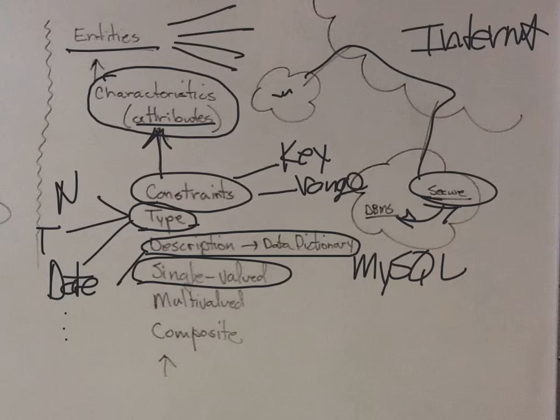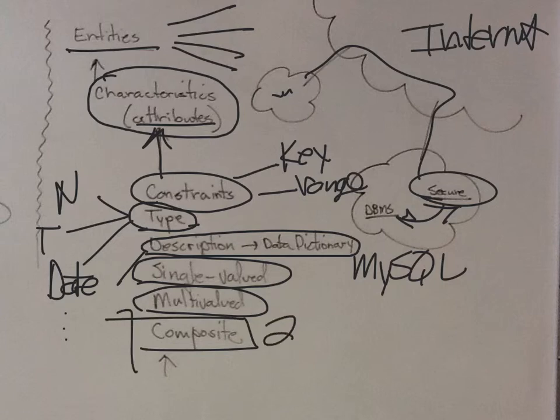One value for the attribute, multiple values for the attribute. Attributes can have a single value, or a multi-value attribute can have more than one value at a time. Composite contains two or more attributes.